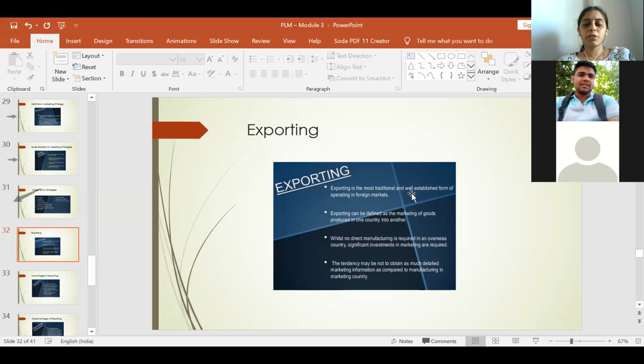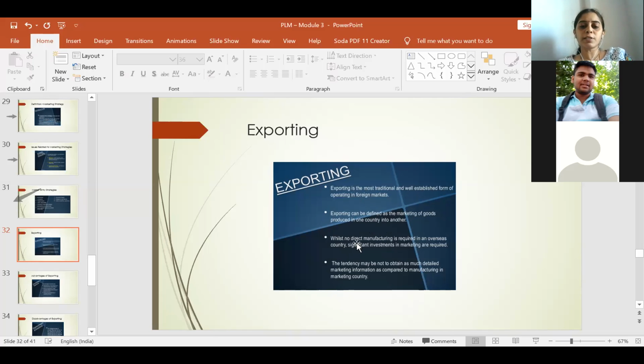It is the most traditional and established way to grab the outside market. Exporting can be defined as marketing of goods produced in one country into another. Everyone knows what exporting means. You manufacture in your parent institute and then export to other countries.